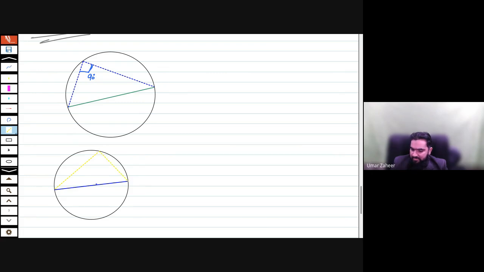It is 90 degrees. I will make the angle here. So if you make an angle from the diameter to the circumference, there is no need for it to be here. It will always be 90 degrees.